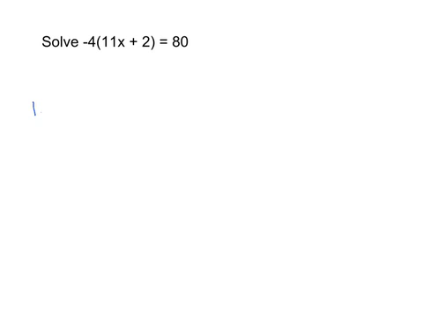Okay, so the statement they gave us is that negative 4 times 11x plus 2 equals 80. How do we know this? We know this because they told us. It was given. That was the hypothesis of our original statement, right?